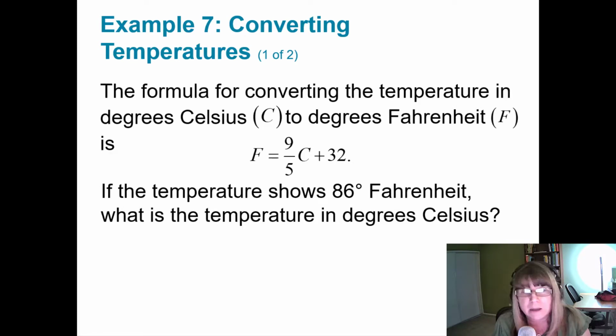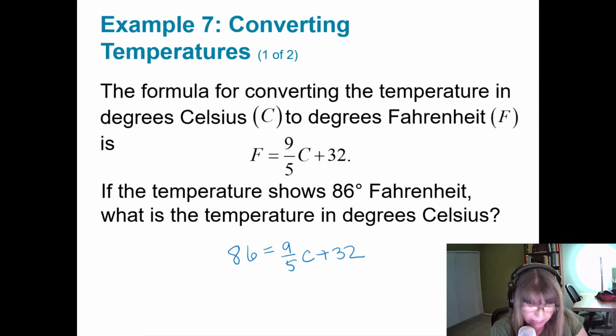The nice thing about having a particular formula, and I am given a temperature, is I just have to plug that into the Fahrenheit position. So F equals 86. So if F equals 86, I get 86 is 9/5 times C plus 32, and I just need to solve for C. Minus 32 to both sides.